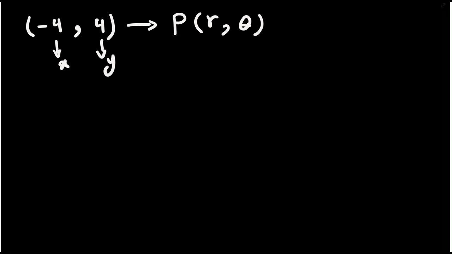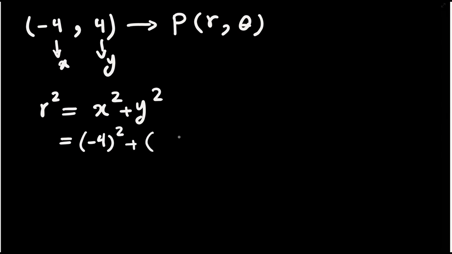To find r and theta based on x and y values, we know that r squared is x squared plus y squared. So r squared is the square of negative 4 plus the square of positive 4. So it's 16 plus 16, or 32.